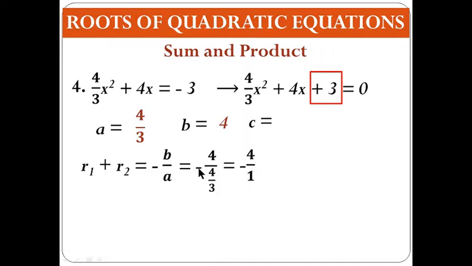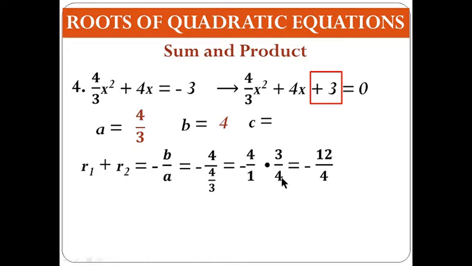Ano ang numerator ng whole number, ano ang denominator ng whole number? Denominator ng every whole number ay always 1. Then, multiply sa reciprocal ng denominator na 4 over 3. So, the reciprocal is 3 over 4. Now, multiply the two fractions.